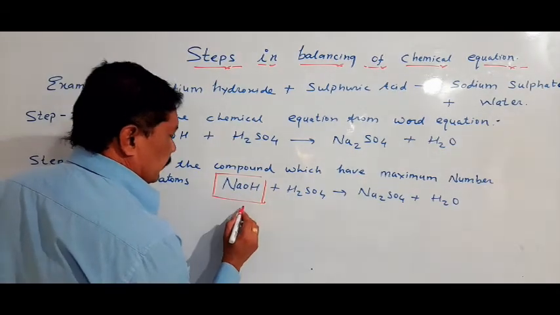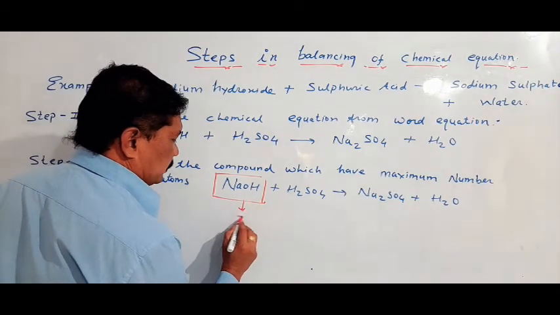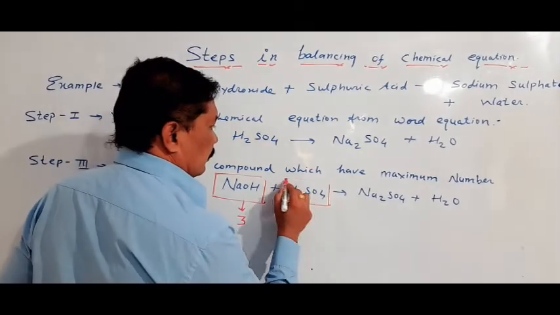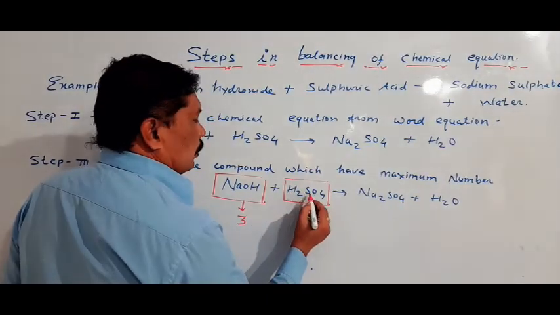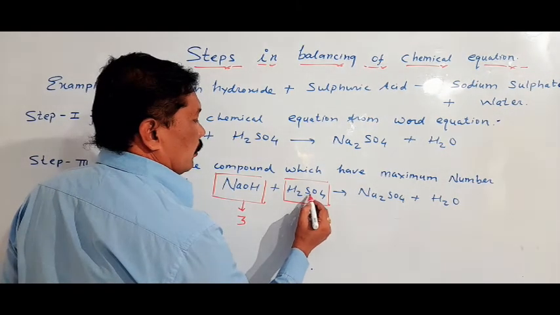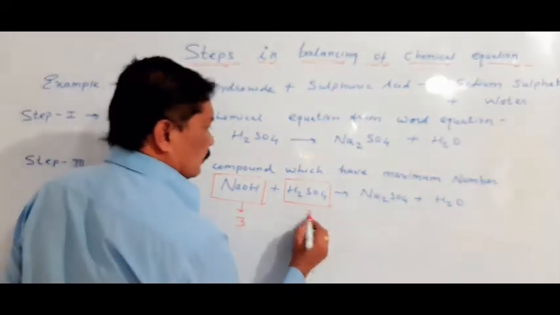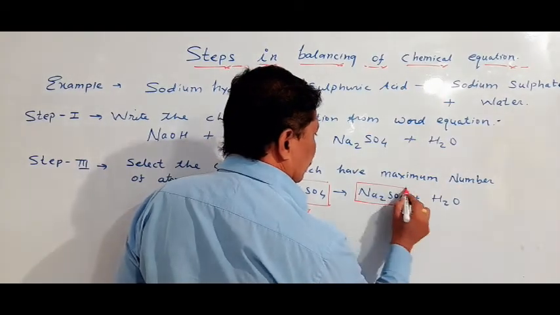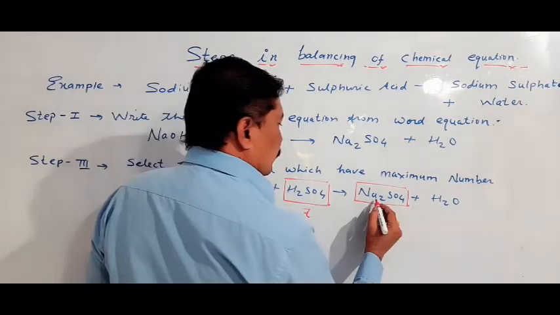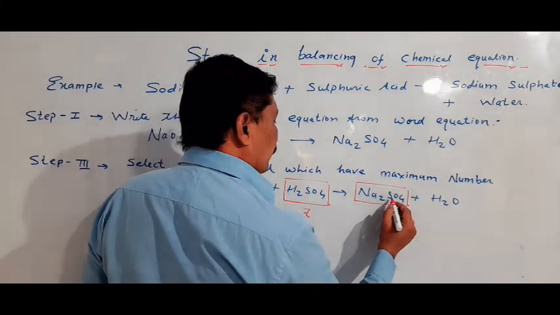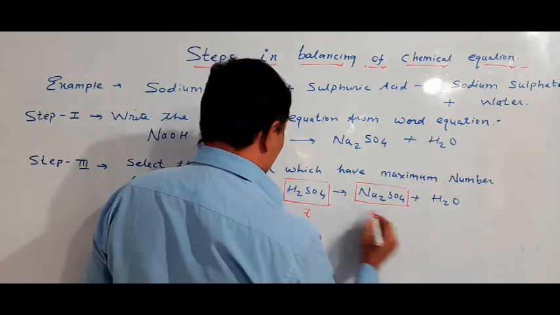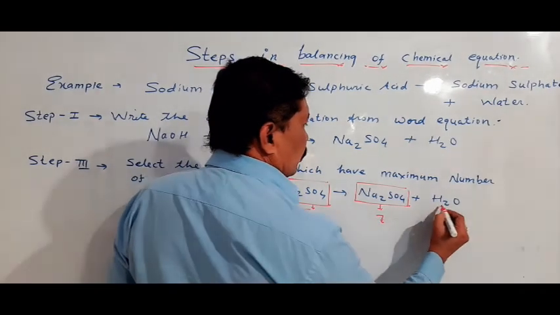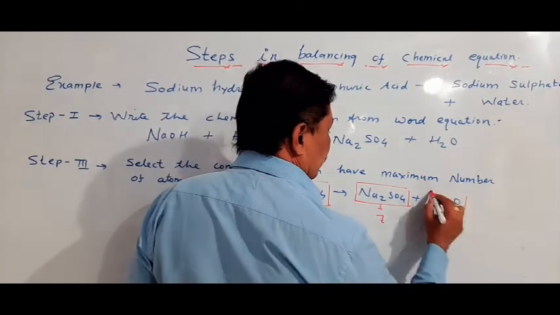One, two, three. Number of atoms? 3. 2, 3 plus 4, 7. 2, 3 plus 4, 7. 2 plus 1, 3.